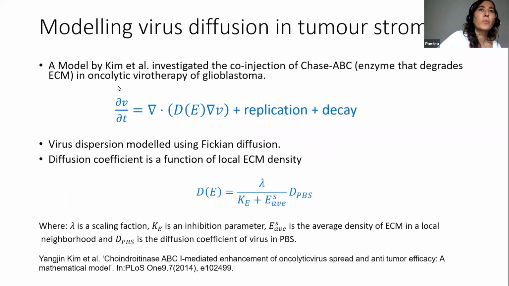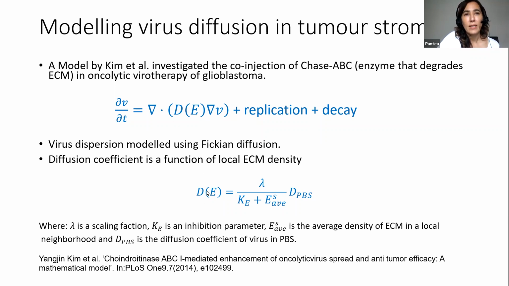This first model by Kim investigates the co-injection of Chase ABC, an enzyme that degrades a particular type of ECM in glioblastoma. For the virus equation, they have this Fickian diffusion, and this diffusion coefficient is a function of local ECM density.